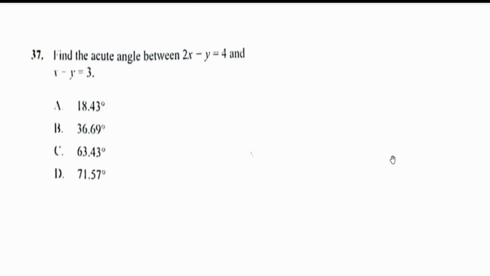Question 37 reads: find the acute angle between 2x minus y equals 4 and x minus y equals 3. Simply as clearly stated, we are calculating for the acute angle between two straight lines.